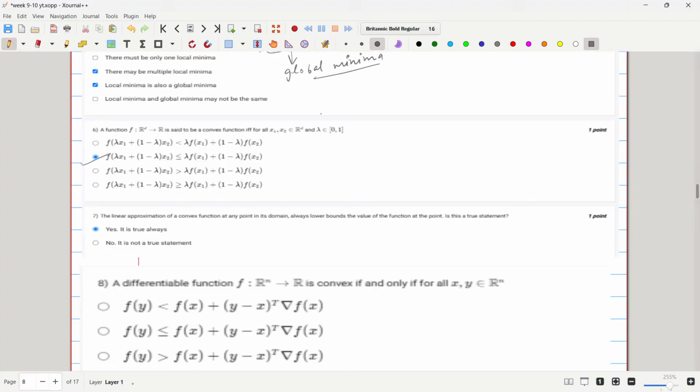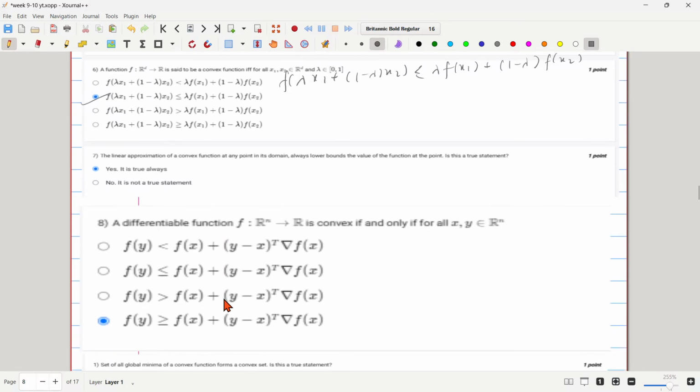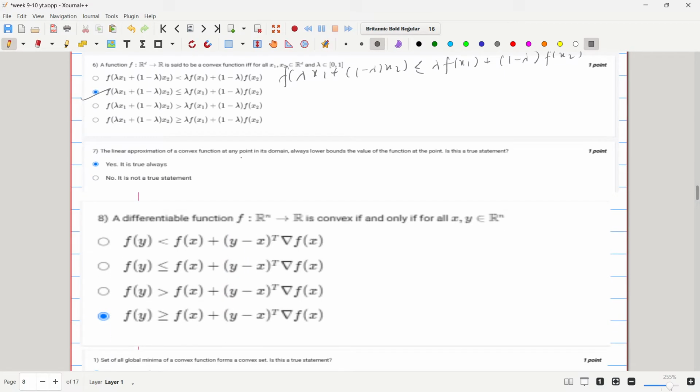This is the true definition of a convex function: f(lambda x1 plus (1 minus lambda) x2) is less than or equal to lambda times f(x1) plus (1 minus lambda) times f(x2). The linear approximation of a convex function at any point in its domain always lower bounds the value of the function at that point.